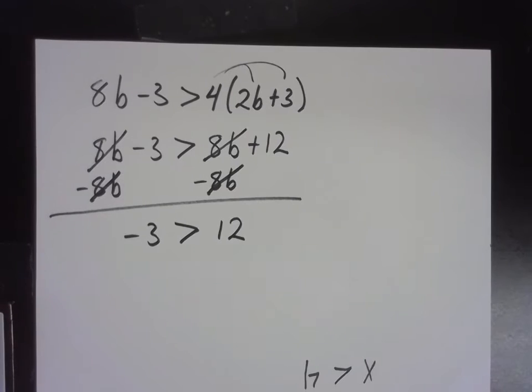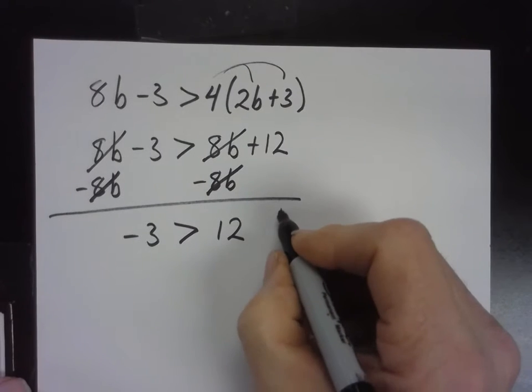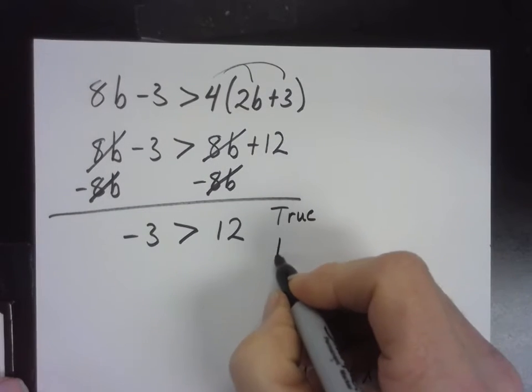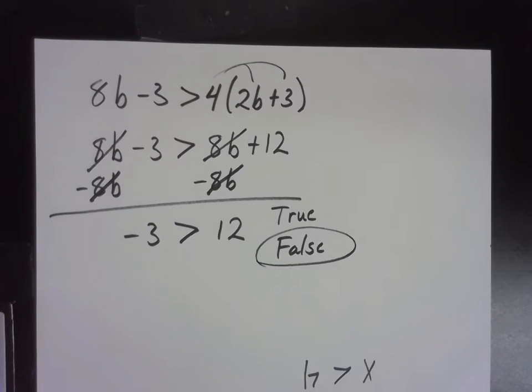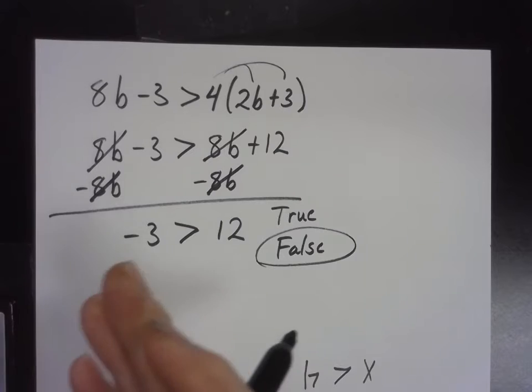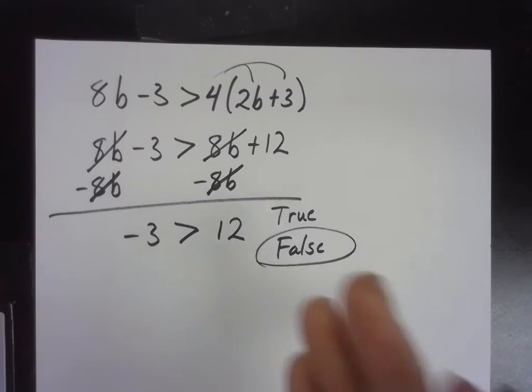Now, you have to think about this. There's either no solution or anything is a solution. And it depends on whether this statement is true or false. Is it false? Okay, it's false. So what does that mean about the solution to this inequality? There is no solution.